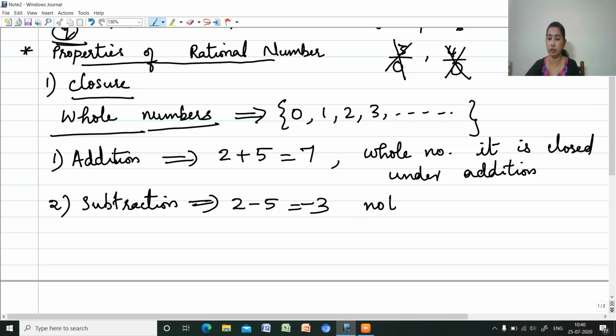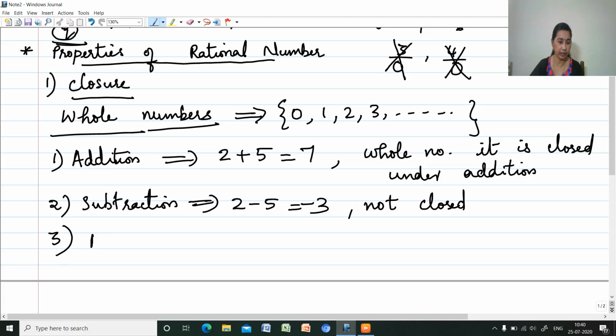So it is not closed. Whole numbers are not closed for subtraction.